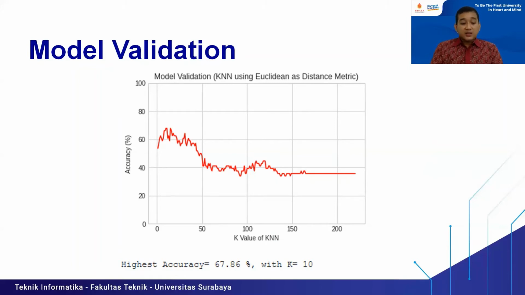This process is repeated from K1 to K221. The value of K221 is determined based on the total training data used, which is 80% of the 276 data.